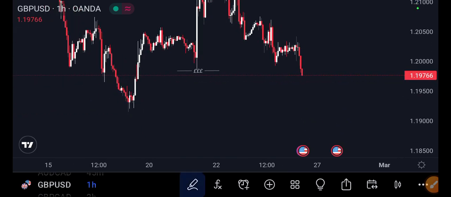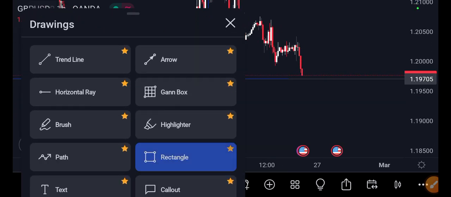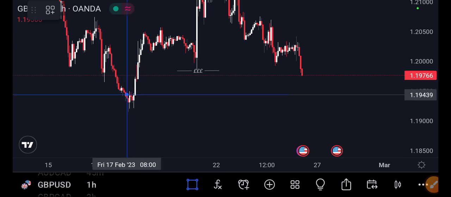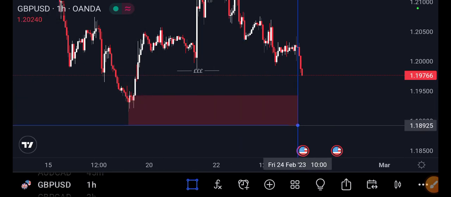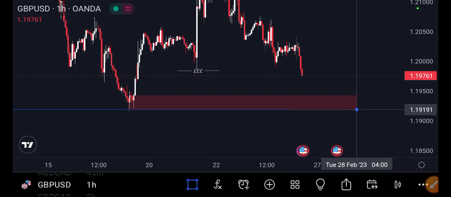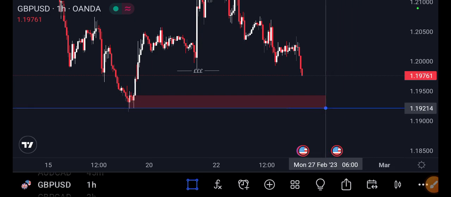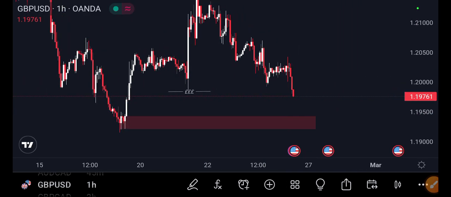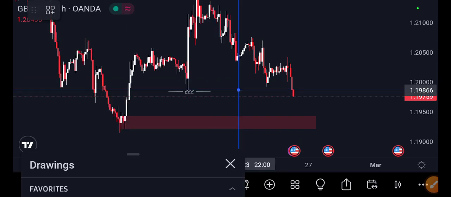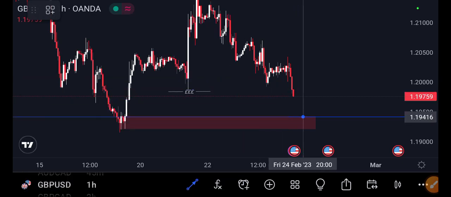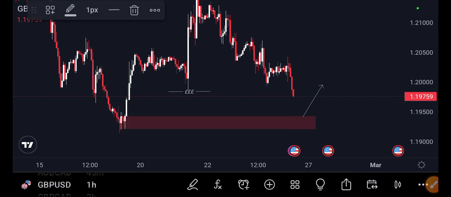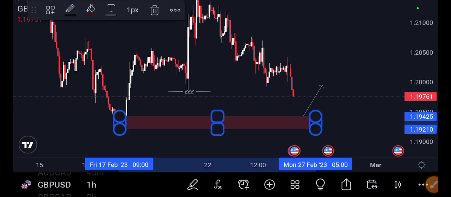So you just mark out your zone right here. Wait for price to get there. Then buy from here. I mark it as a demand zone.